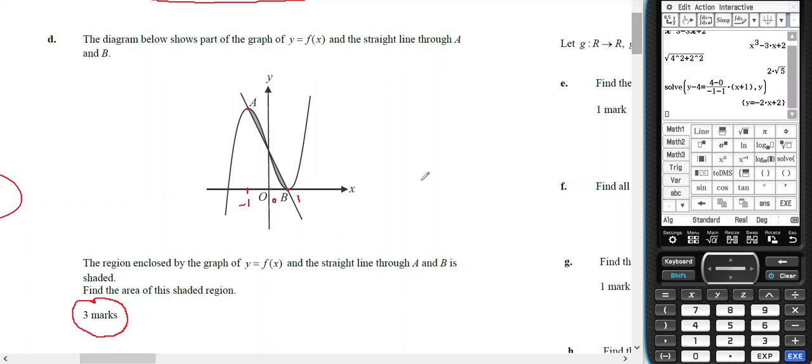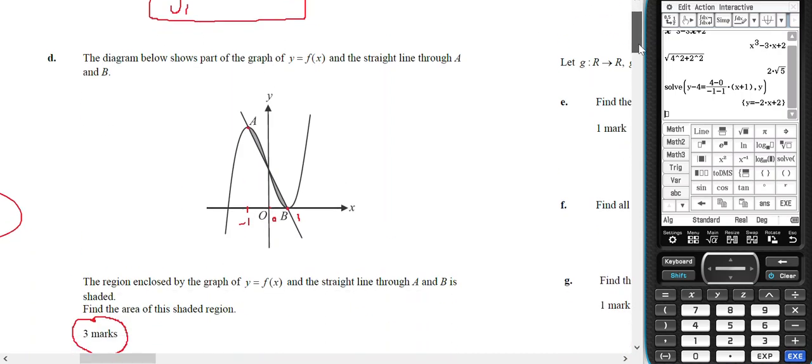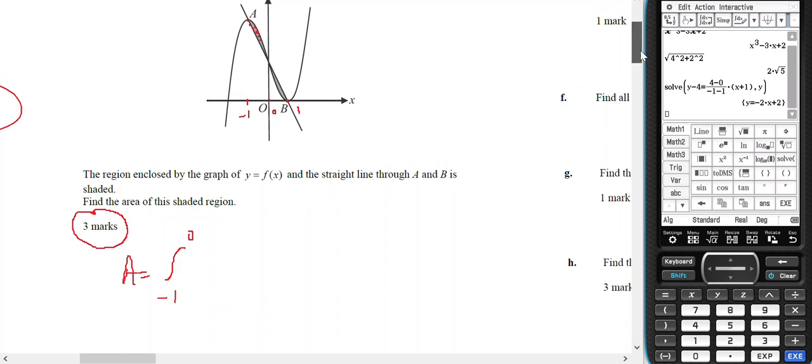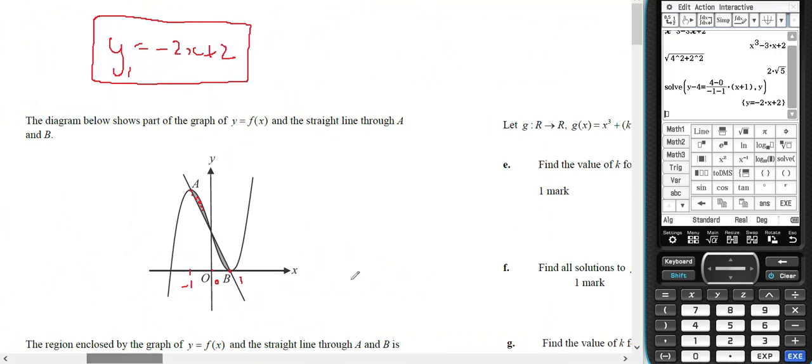So I'm going to write a definite integral. I'm going to call this y1. So the area is going to be the definite integral from -1 to 0. So I'm doing this bit first. And it will be top curve, and the top curve is my cubic, and my cubic is called f of x.